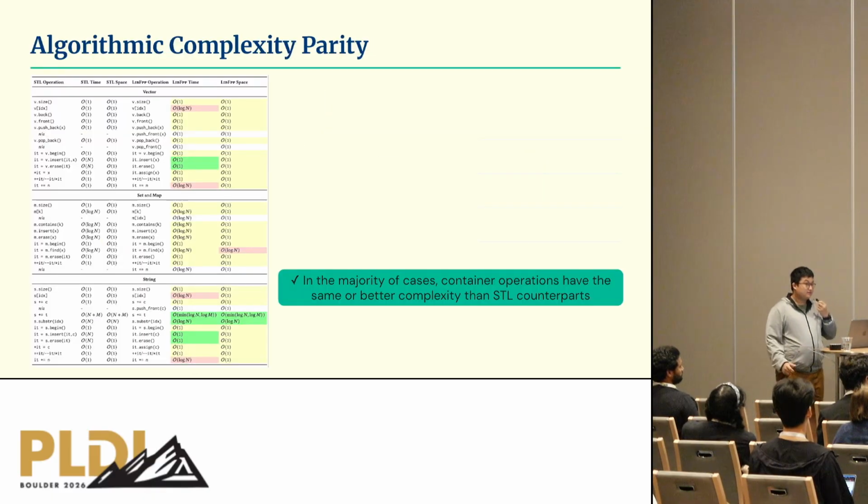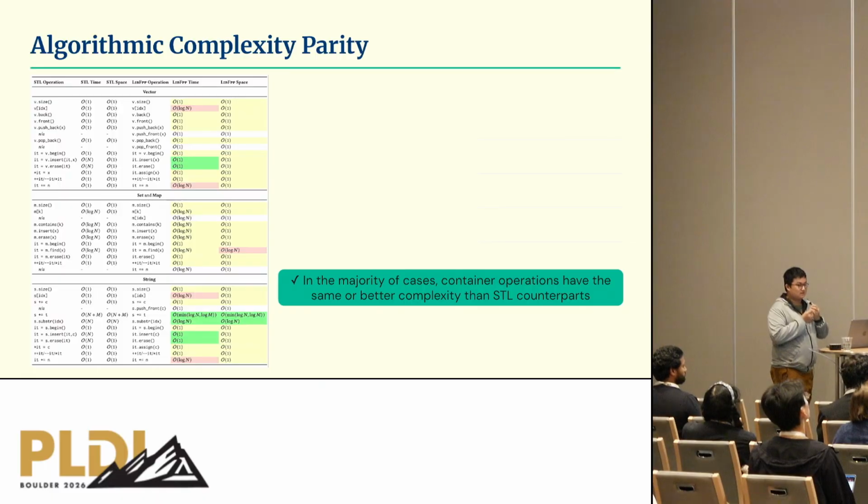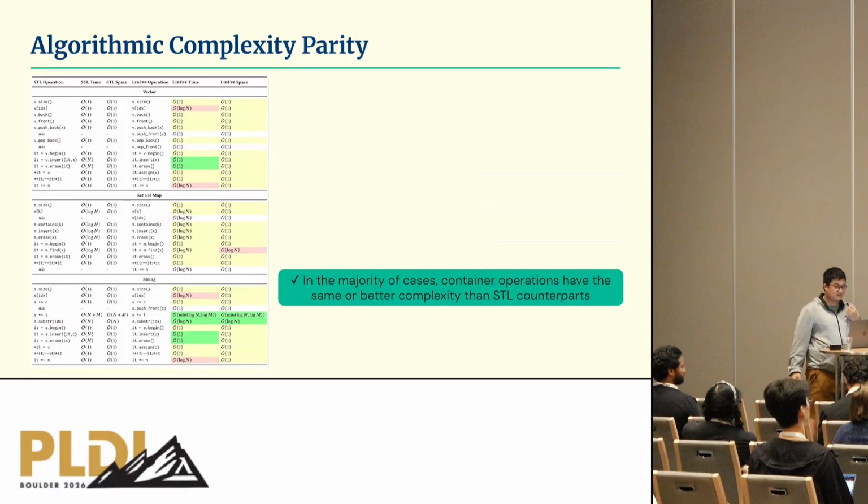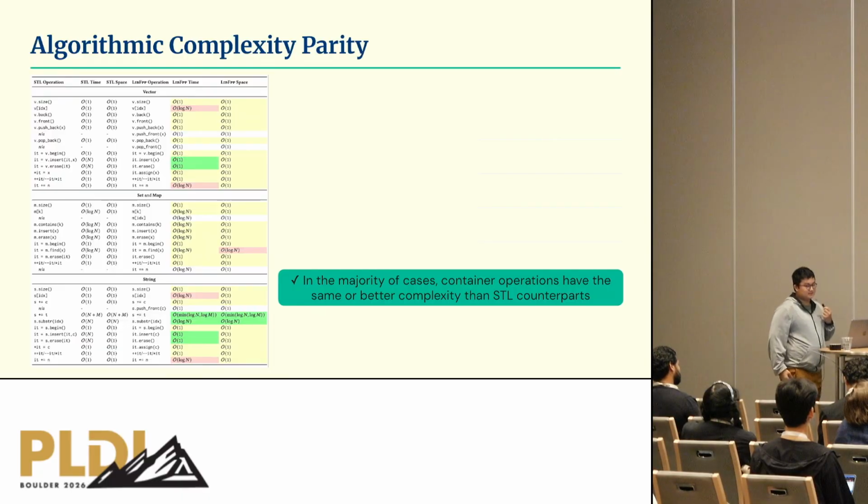In fact, by carefully going through all the algorithm complexities and comparing them to the standard library ones, we can see that in the majority of cases, container operations actually have the same or better complexity when compared to their STL counterparts. In the image shown on the left, the yellow blocks show the cases where the time complexity is the same, and the green parts show where the complexity of our library is actually better.